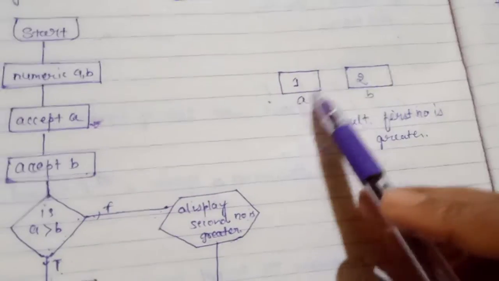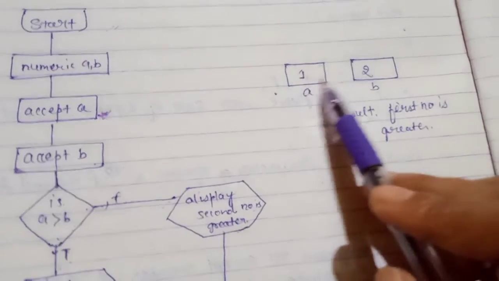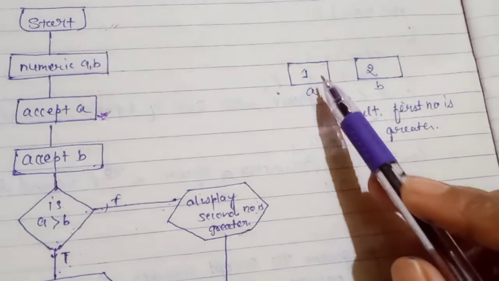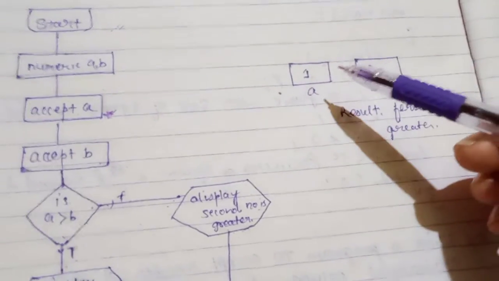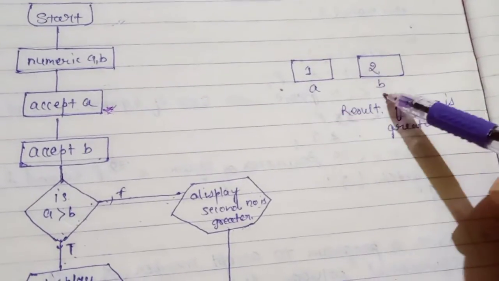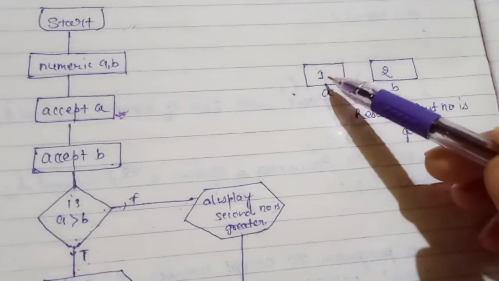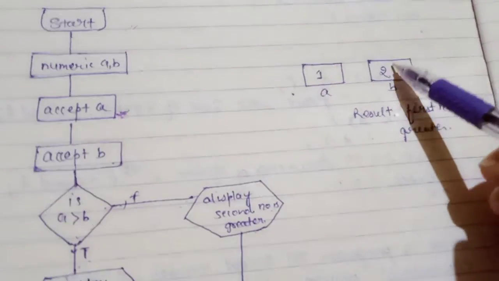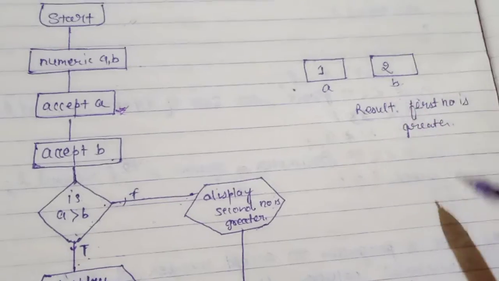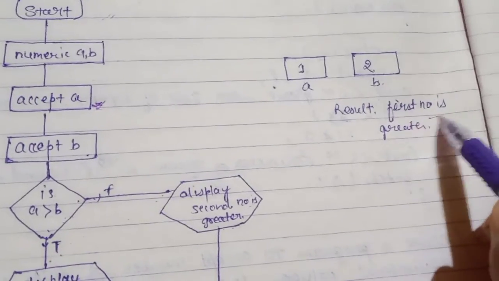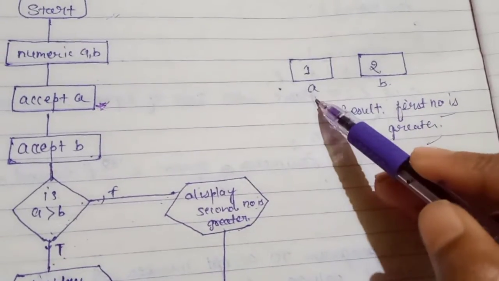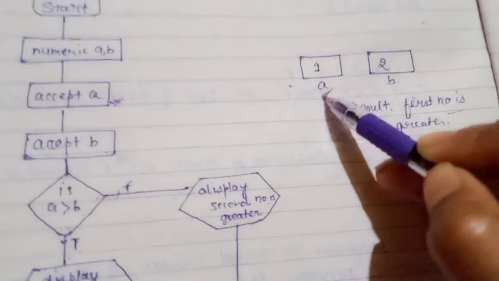Here you can also take any value for the variables. If you have two variables a and b, variable a value will be 1 and b will be 2. The result is that the first number is greater or the second.